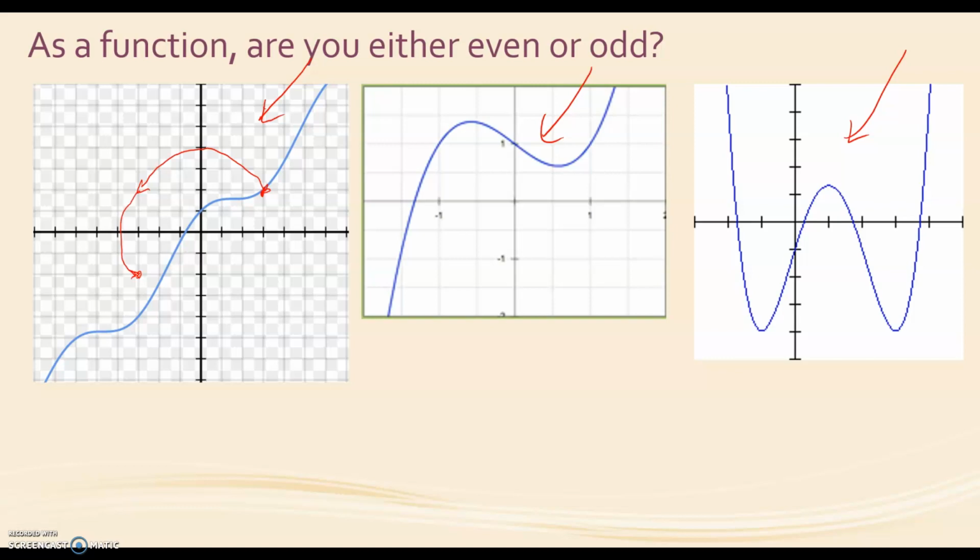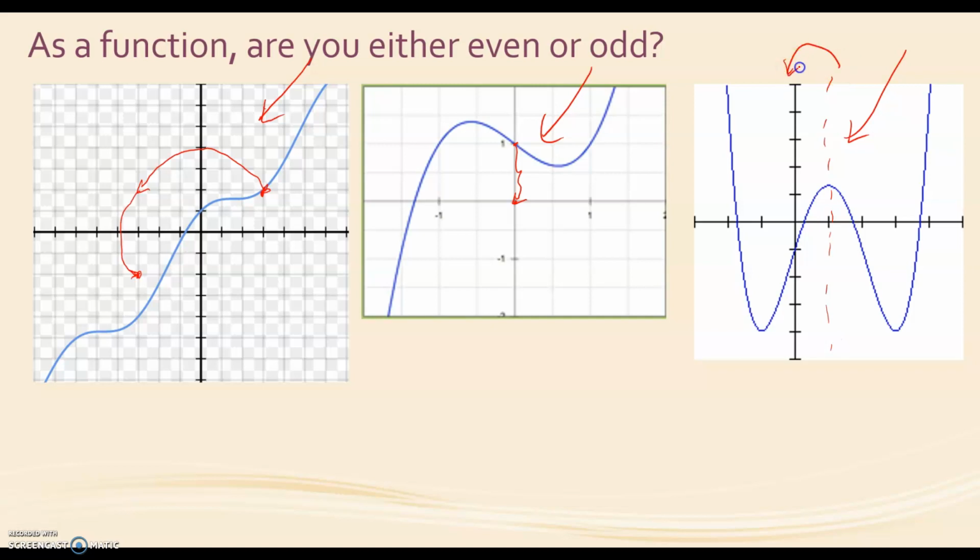Now on this graph, if I were to shift it down to where the point right here is on the origin, this graph will be an odd function because it does have a symmetry about the origin. Now in this case, this graph has the axis of symmetry at x equals 1.